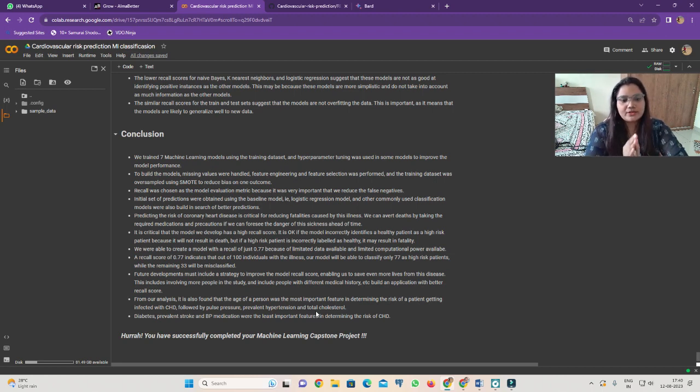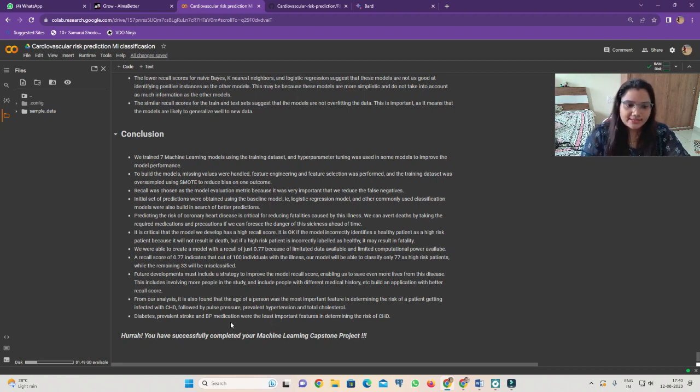Future developments must include a strategy to improve the model recall score, enabling us to save even more lives from the disease. This includes involving more people in the study and including people with different medical history, etc.